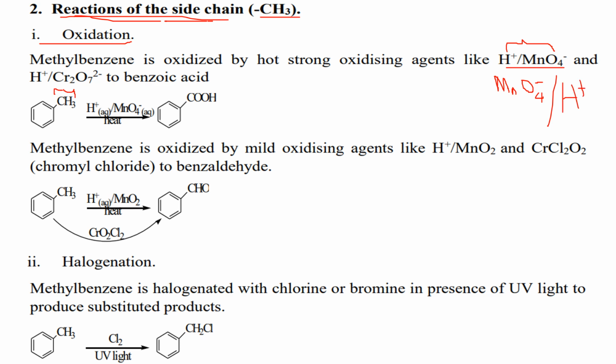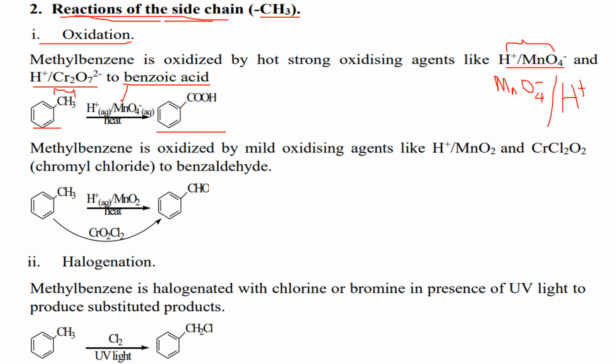That's how we write acidified manganese 7 solution. Or you can use acidified dichromate 6 solution. And it's going to oxidize it to benzoic acid. Like I've told you, alter this arrangement, but remain with the same states. So acidified manganese 7 oxidizes toluene or methylbenzene to benzoic acid.